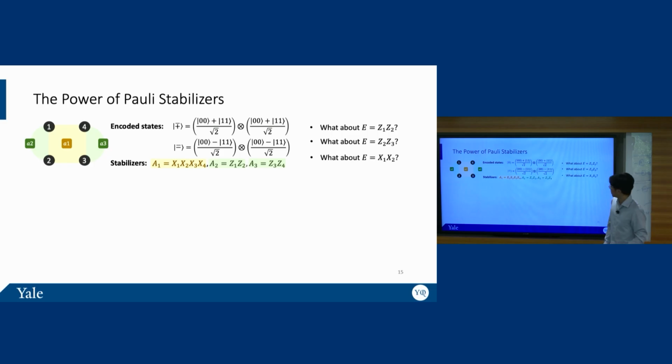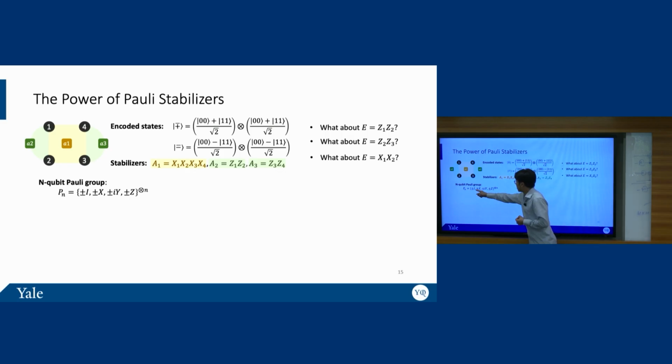And furthermore, I can also see what happens if I apply X1, X2 to these encoded states. And let me just summarize. Through this example, we saw that there are properties of these Pauli operations. These are multi-qubit Pauli operations. It tells you how to apply Pauli gates on different qubits.